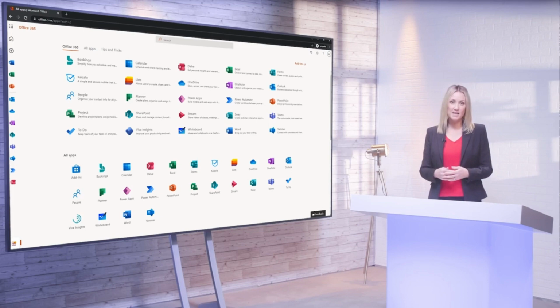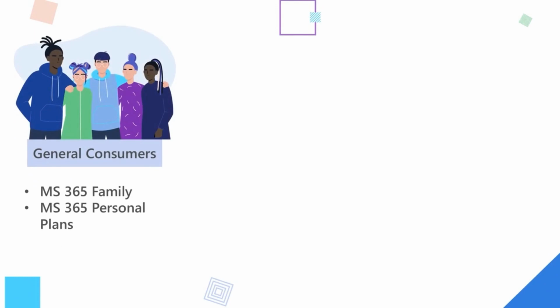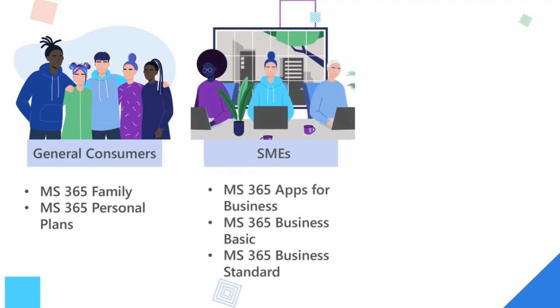Microsoft 365 has become increasingly popular amongst organizations both large and small. It offers a variety of different plans to best suit organizations of any size. For example, Microsoft 365 Family and Microsoft 365 Personal plans are best for general consumers, while Microsoft 365 Apps for Business, Microsoft 365 Business Basic, and Microsoft 365 Business Standard are aimed at small to medium-sized businesses.